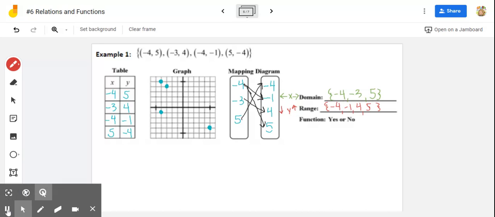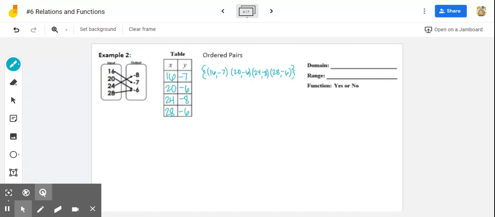To be a function, every x must go to only one y. Because -4 goes to 2 completely different y values, we can automatically claim, guys, that this is not a functional relationship. Because -4 goes to 2 different outputs, this would not be considered a function.